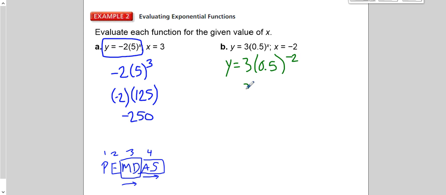Or you can do a reciprocal. It's a negative exponent, so that's the same as 1 over 0.5 squared. And then multiply these together.